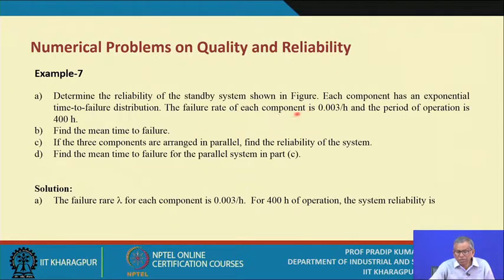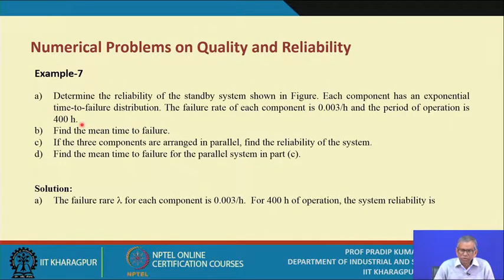The failure rate of each component is 0.003 per hour, and the period of operation is 400 hours. That means you need to check whether the system will run for 400 hours or not. Is it okay? And when it runs, whether you are getting the intended function or the operation from the system or not. So that is your main concern.